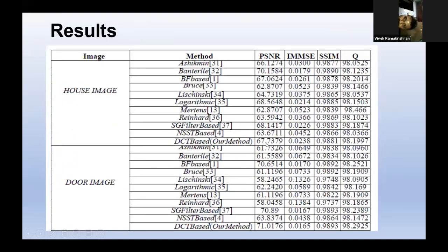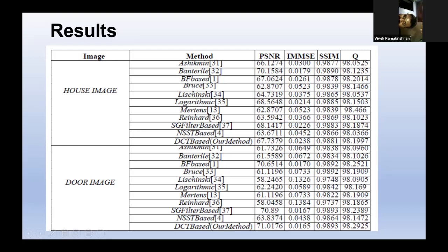So it's providing PSNR of around 67 for the house image, 71 for the door image, and the minimum mean square error is comparatively okay to be considered. It is less when compared with other approaches.